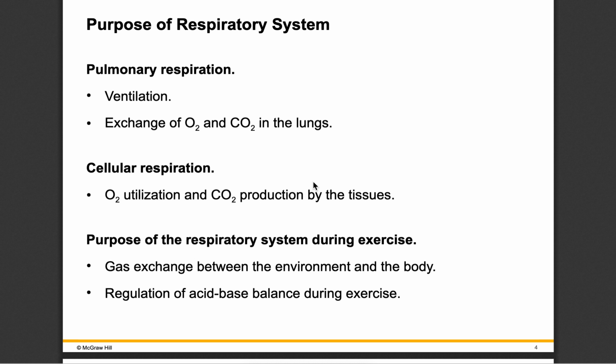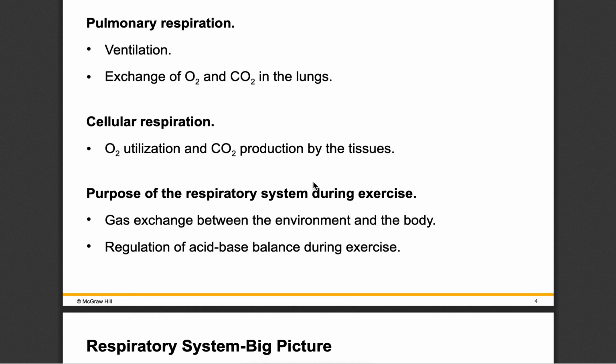When we look at this during exercise, it's really about this gas exchange between the environment and the body to keep these energy systems rolling, especially our oxidative systems, and to get some byproducts out from glycolysis, so that buildup of lactic acid and being able to buffer that acid-base balance so that it doesn't get too out of hand and cause detriments to our enzymes and other functions in the body.